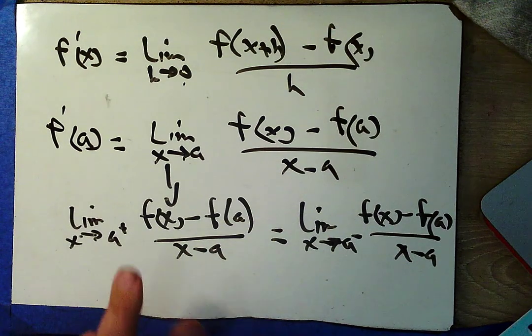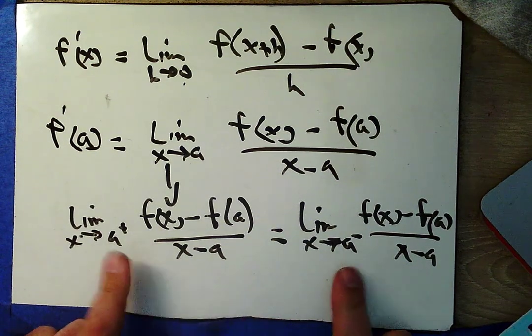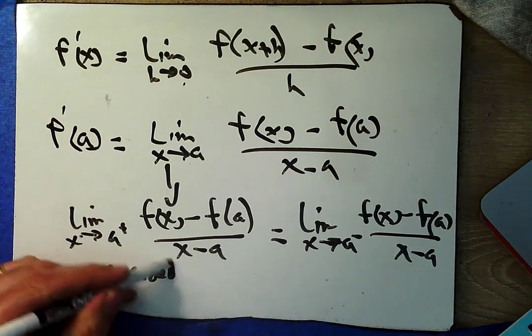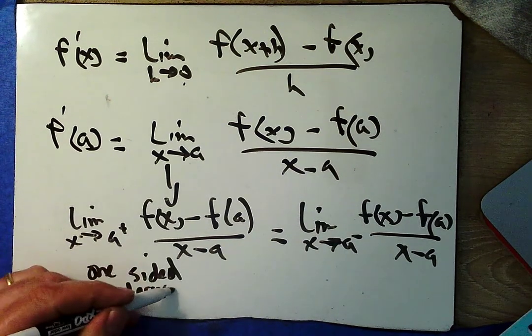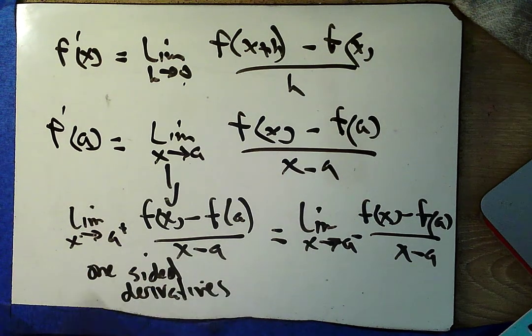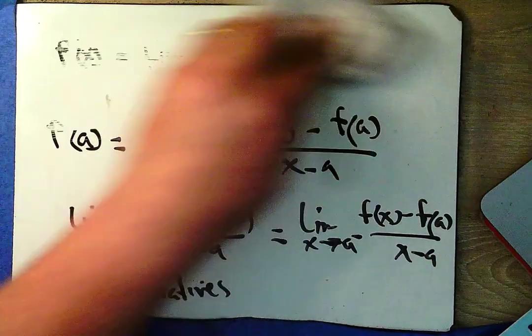So these are called one-sided derivatives. Because I'm coming in only from one side. I'm looking at the slope from one perspective.